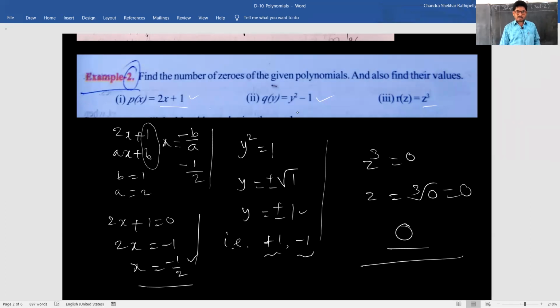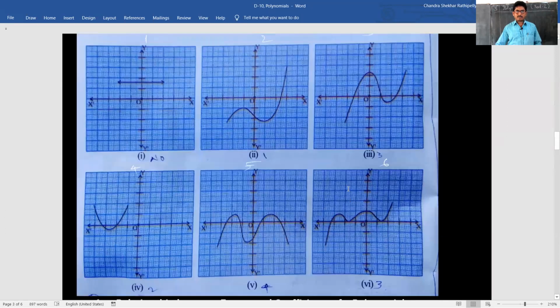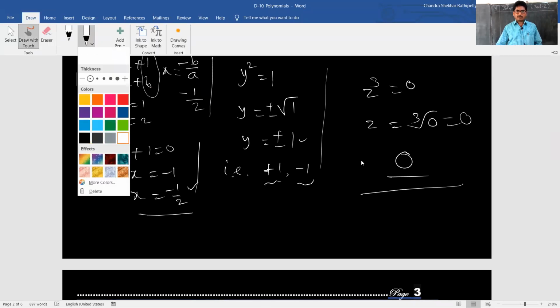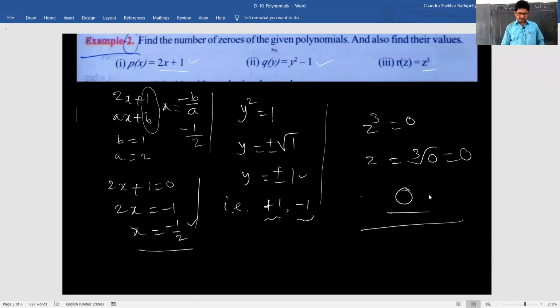We can find it using this formula: minus b by a.